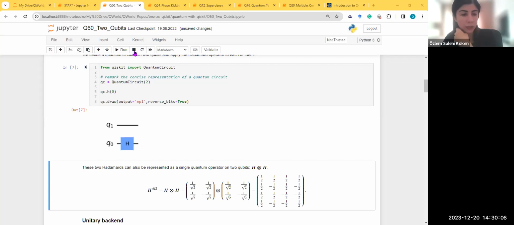Hadamard tensor identity, not operator. Okay. There are different answers. Nice. We can discuss. Discussing wrong answers is really important because probably there are some other people who are thinking in the same way, and understanding why something is wrong, I think, is better than understanding why something is correct, because you also see the other case, why something cannot be true.